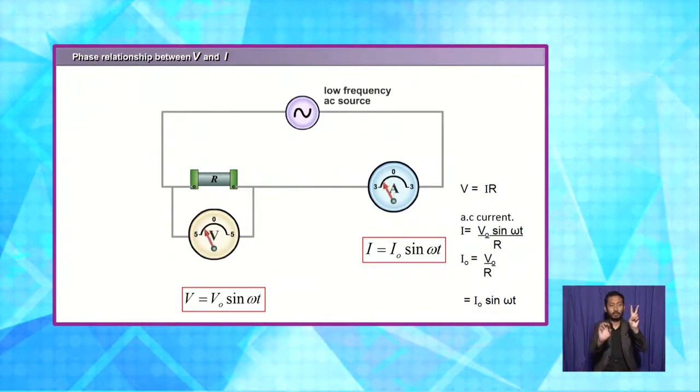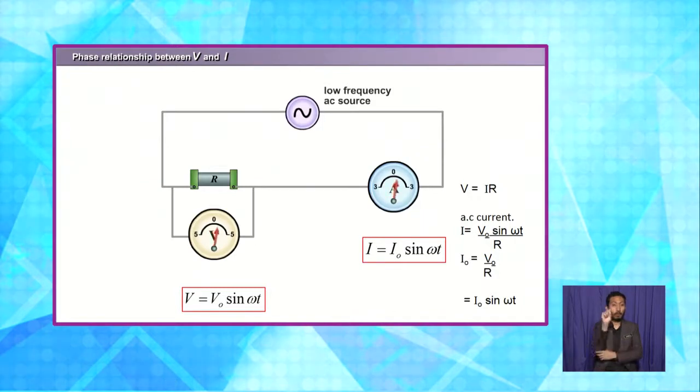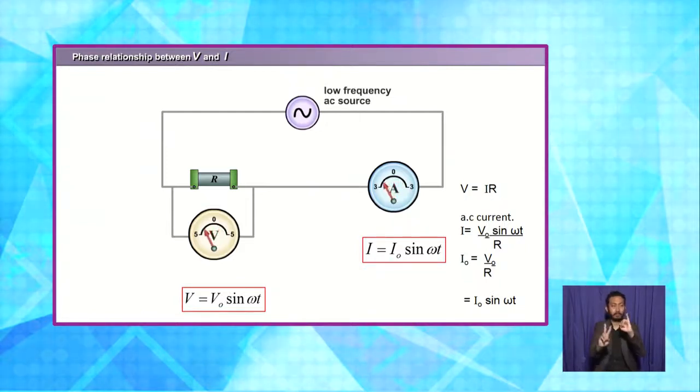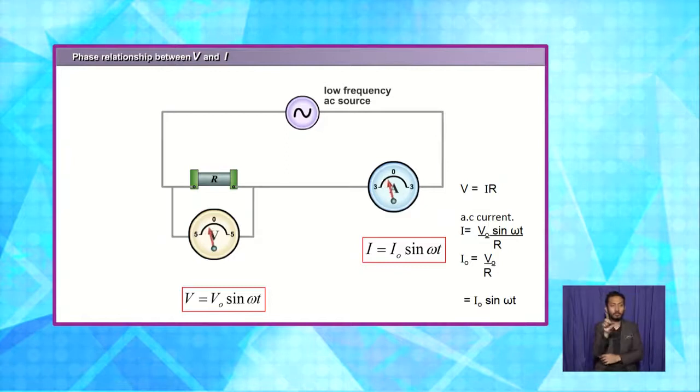From Ohm's law, V equals IR, we can derive an expression for the current I. I equals V over R sine omega t, where I naught equals V naught over R. So, the expression for the alternating current through a resistor is I equals I naught sine omega t.